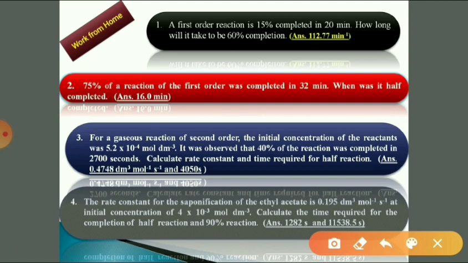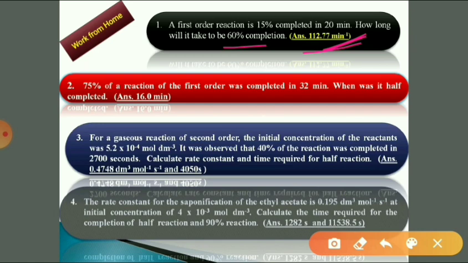By using the data you have to calculate first the value of k, then by using that you can calculate the time for 60%. The answer is 112.77 minutes. So here the answer is time, in terms of minutes, not per minute. It is a printing mistake.